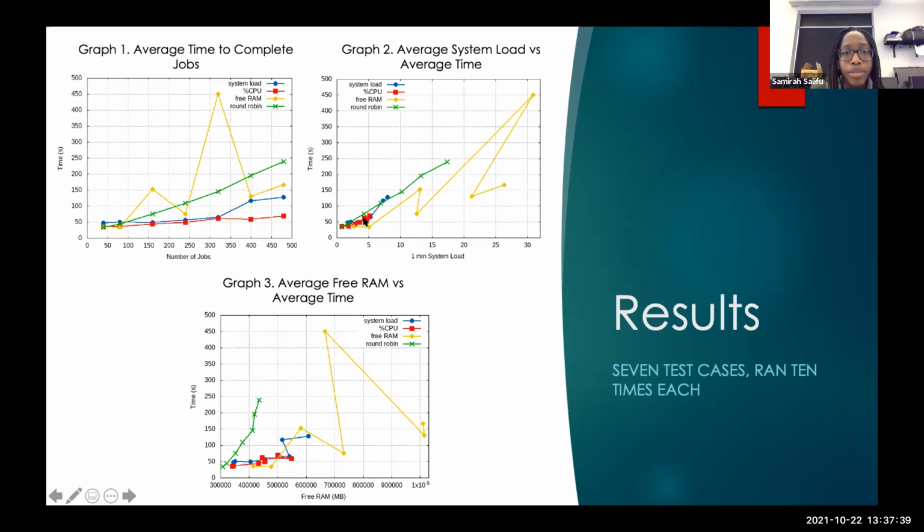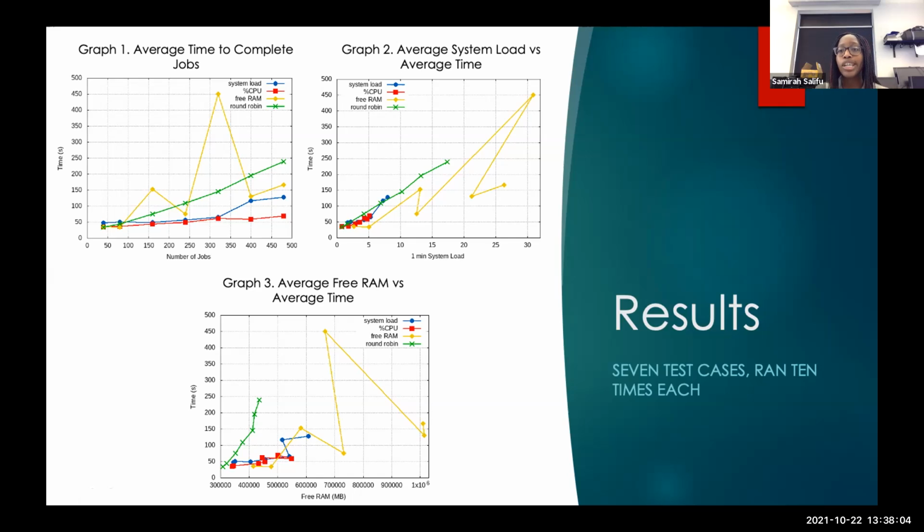these last two algorithms, percent CPU and system load, because these last two algorithms take into account the CPU percentage or the system load average. Since both of these take that into account, they have significantly less system load and take less time, but percent CPU manages to look at CPU a bit better.